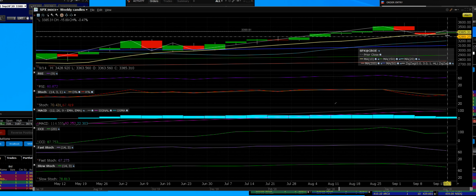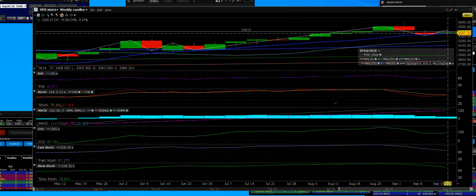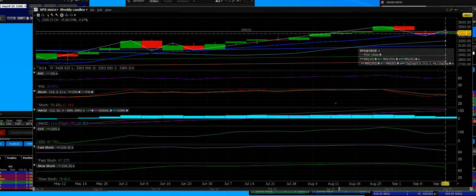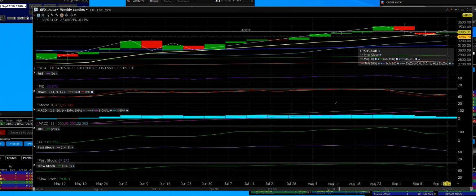And, you know, the deeper they sell it, if we break through the key support level, then that's when the selling will increase. Okay?